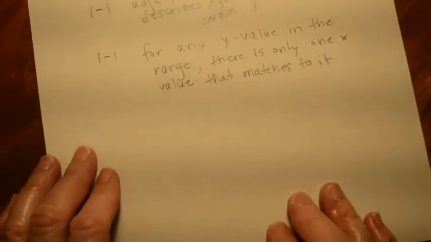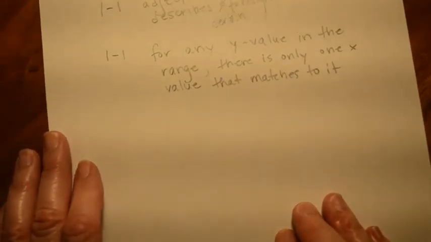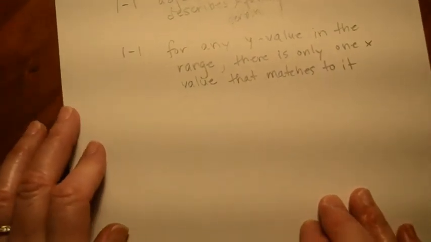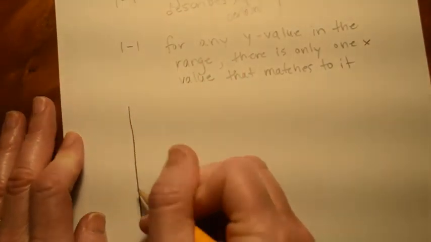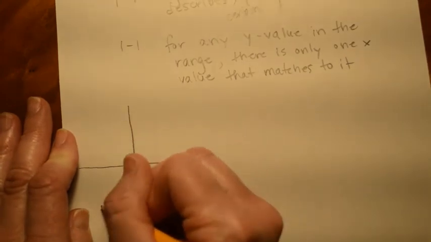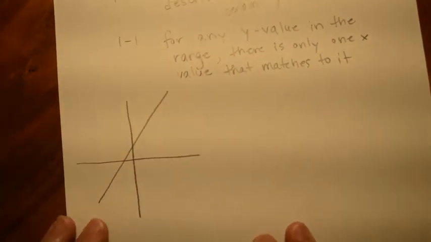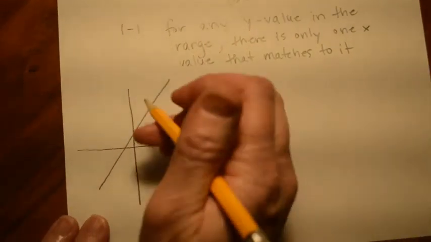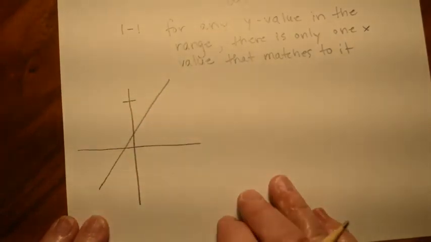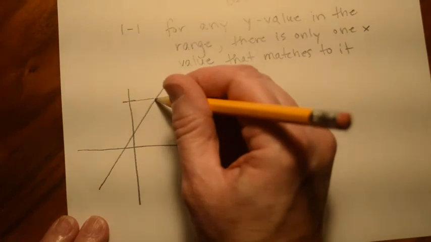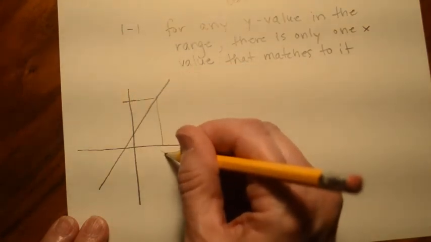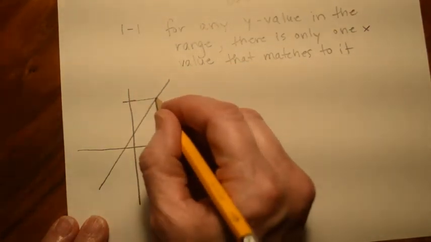All right, let's look at some one-to-one functions that we know and some functions that are not one-to-one. So here's our favorite one-to-one function, something that's linear, right? If I pick any y value in the range and I go over here, there was only one x value that created that, right?